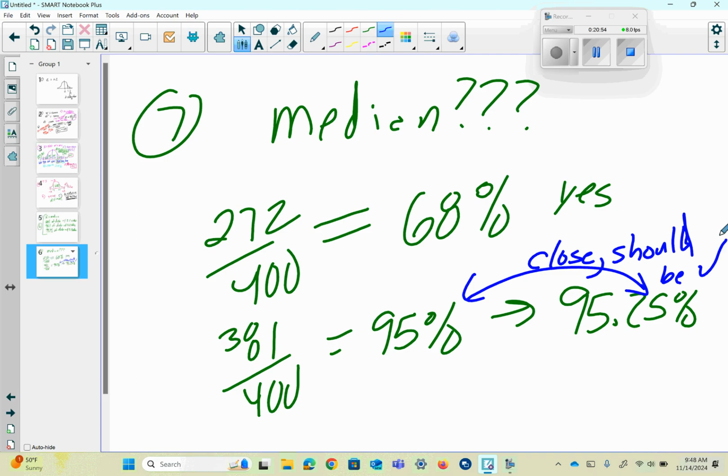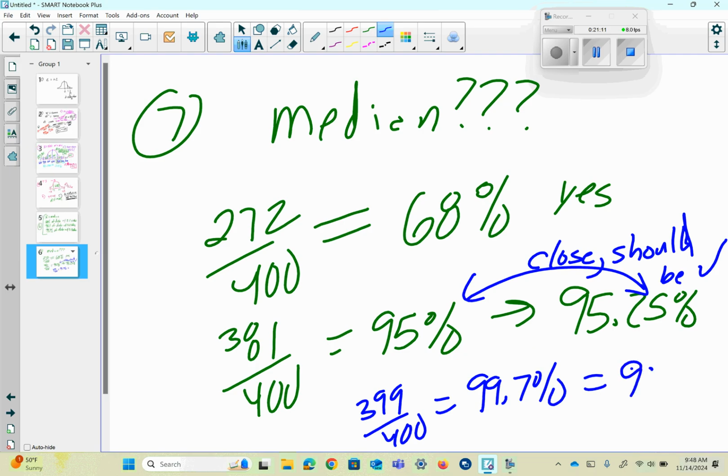Okay. And then the last one, 399 out of 400. I want this to be 99.7%. So 399 divided by 400 comes out to 99.75%. So again, that's close. I think it checks out.